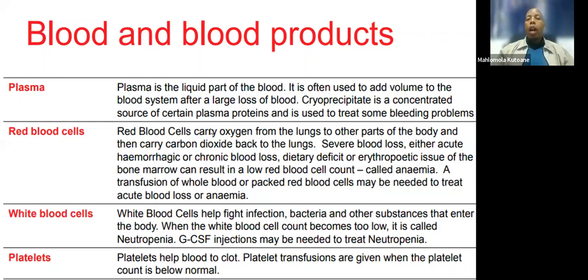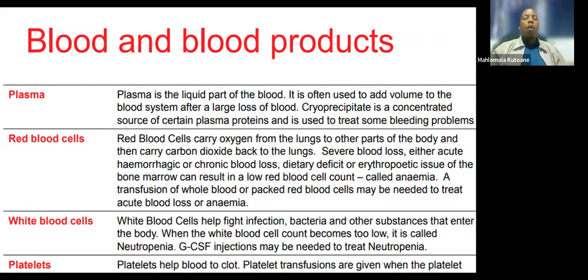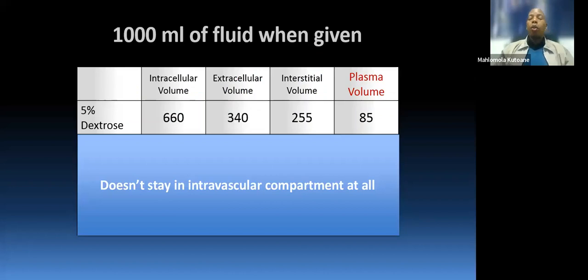So now let's take a scenario of these fluids, where we will need to give a patient a fluid of 1,000 ml or 1 liter.